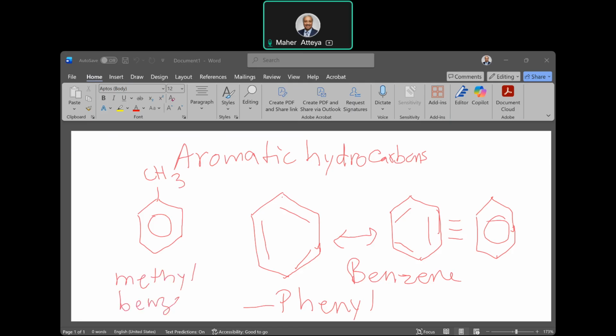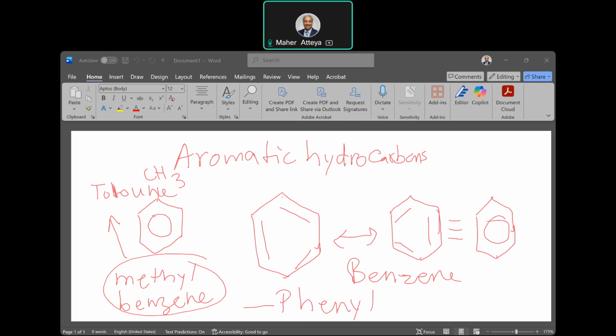And this methyl benzene has a specific IUPAC name. Methyl benzene is correct, but this one here is called toluene. So toluene.